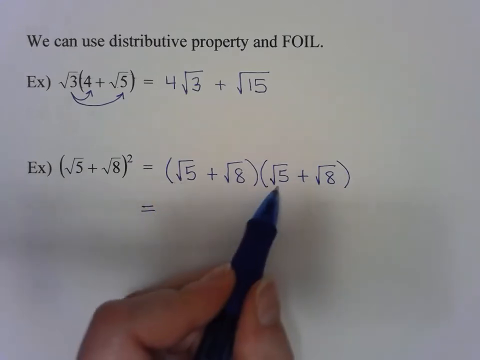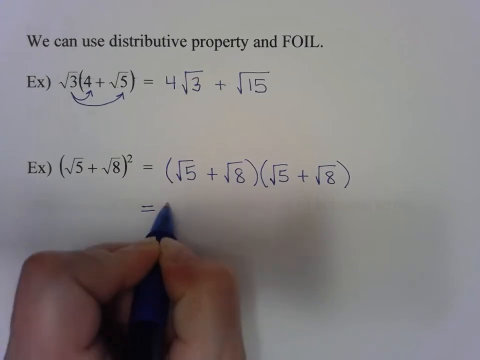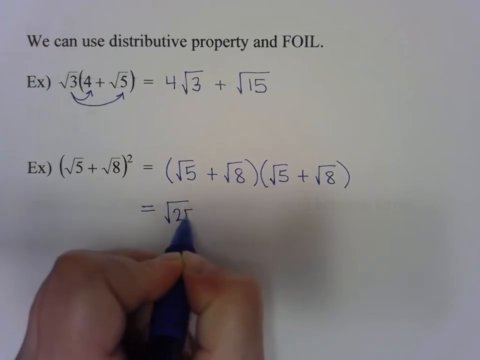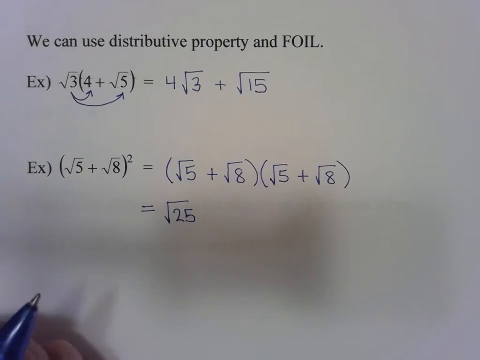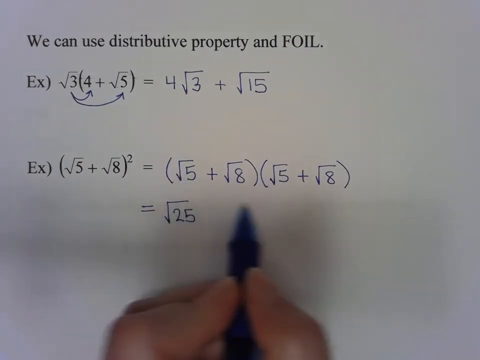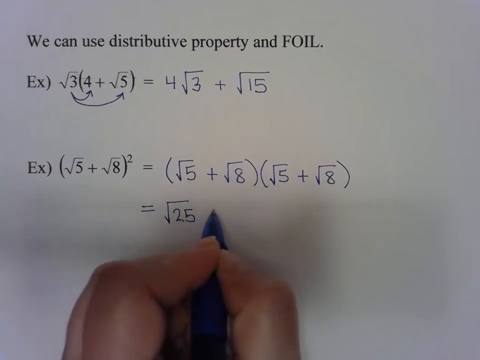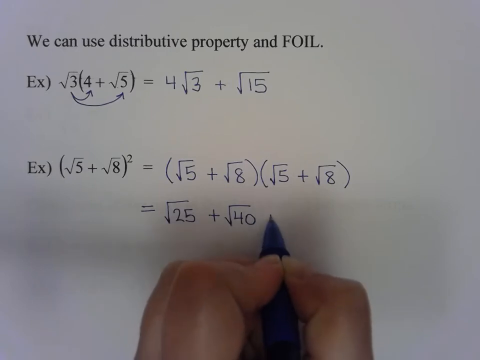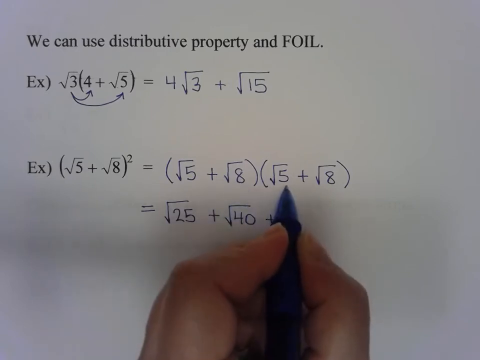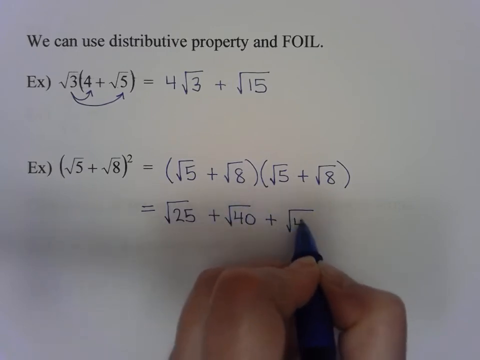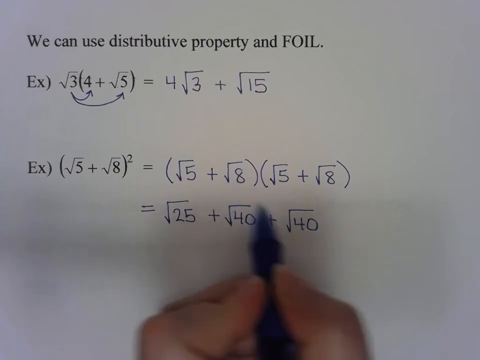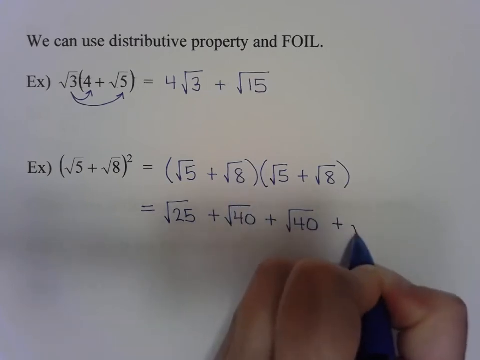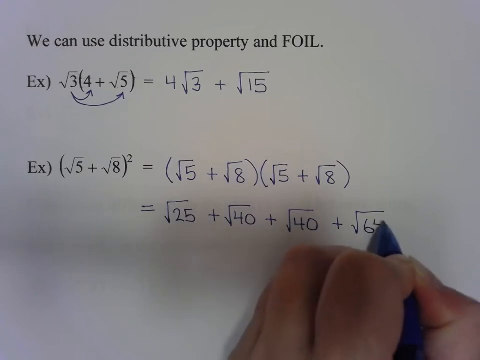If I use FOIL, the square root of 5 times the square root of 5 would be the square root of 25. Yes, that is definitely going to turn out to be 5, and you could go straight to that if that's easier for you. On the outside, I'm going to have 5 times 8 gives me the square root of 40. On the inside, 8 times 5 also gives me the square root of 40. And then 8 times 8 gives me the square root of 64.